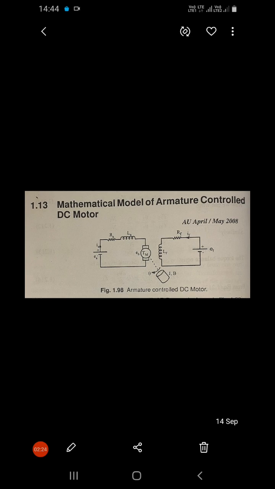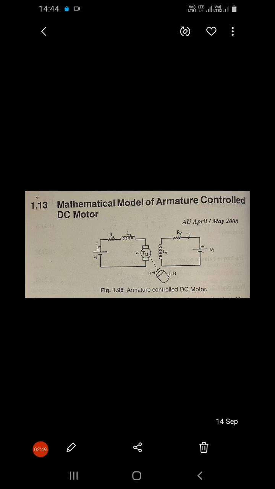A separate DC source supplies a constant current I_F to the field winding. For the armature controlled DC motor, the field current is constant. The motor is driving a load having inertia J and viscous friction coefficient B.